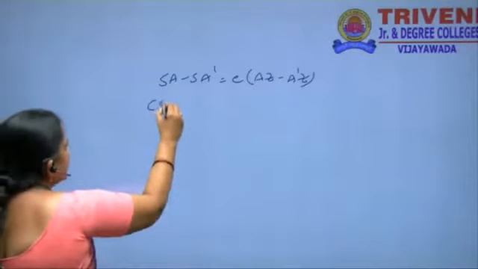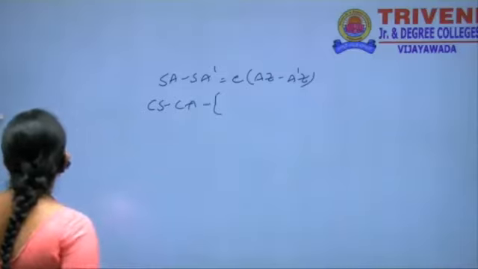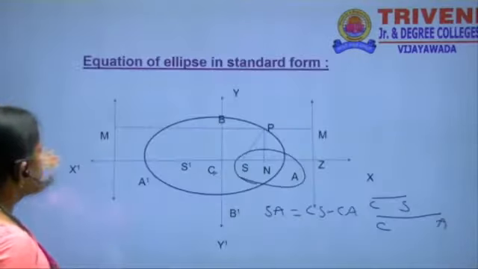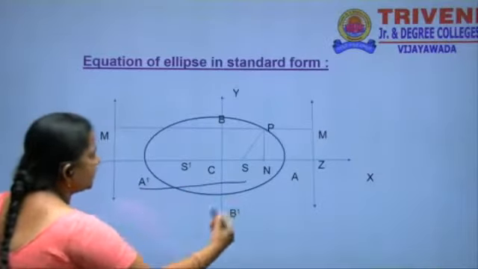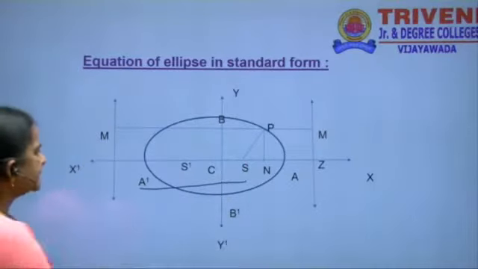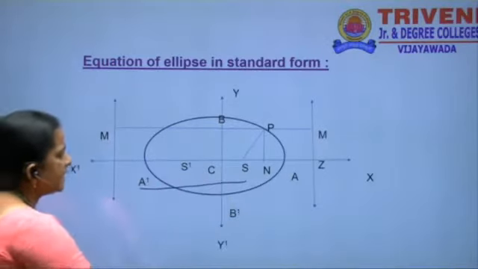SA can be written as CS minus CA and SA dash can be written as, here the distance between S to A dash, this also we have to write here, CS plus CA dash.